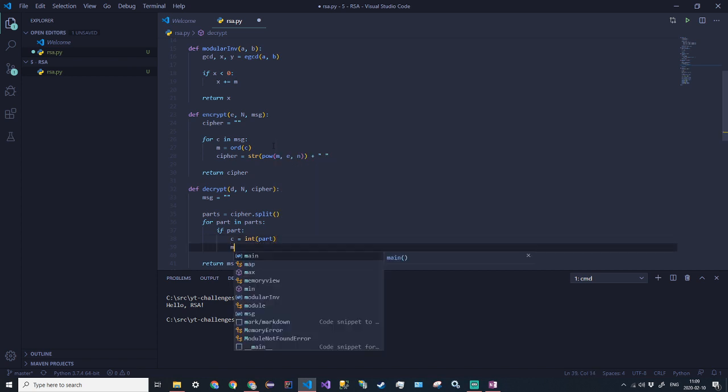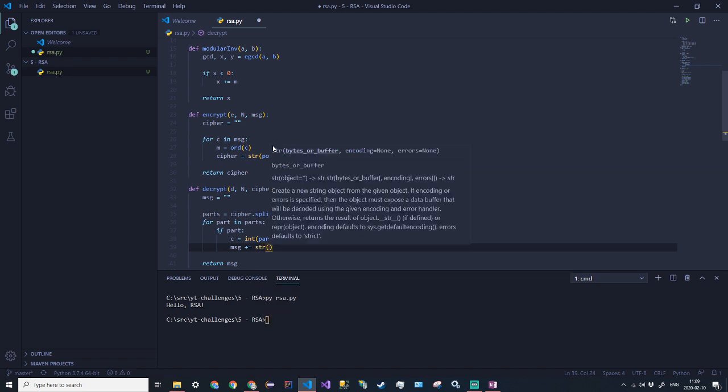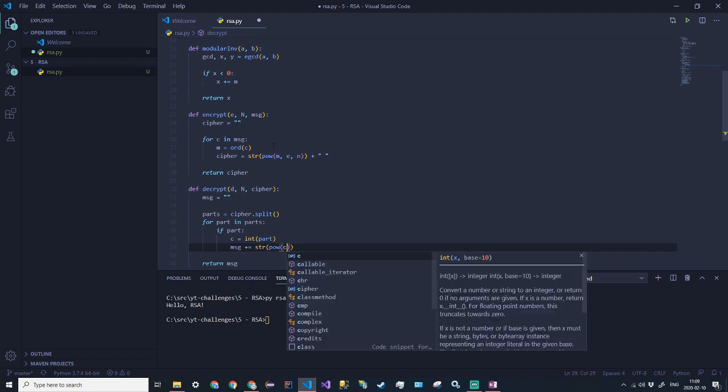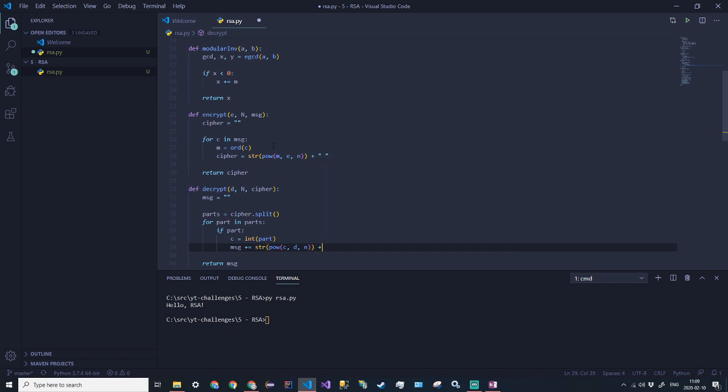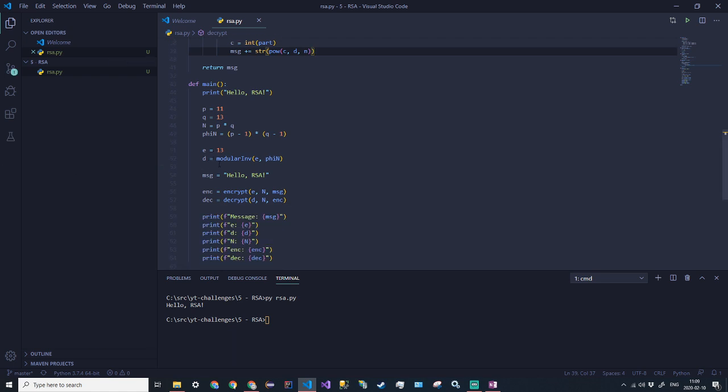And what we're going to do is say message plus equals, and then we're going to convert the result to a string. So we're going to do the modular exponentiation again. So pow of C, D, N, and then no space, sorry. Just that, and then return message. And we should be all good to go. Let me just go ahead and make sure this all works.